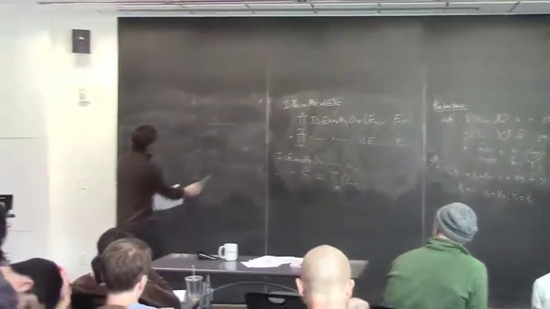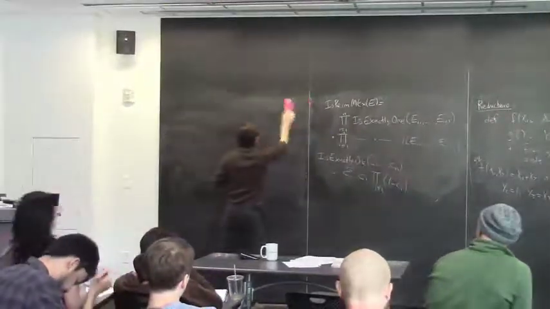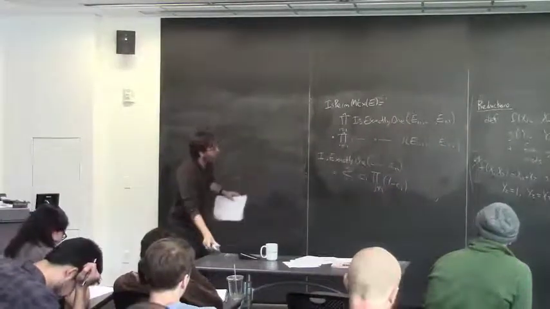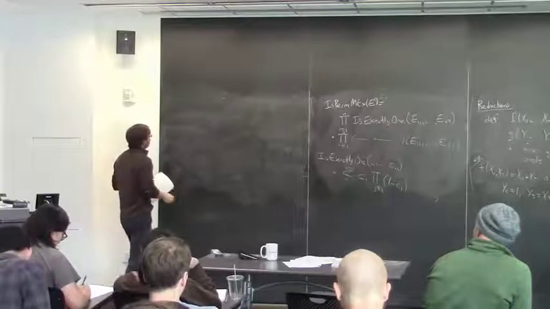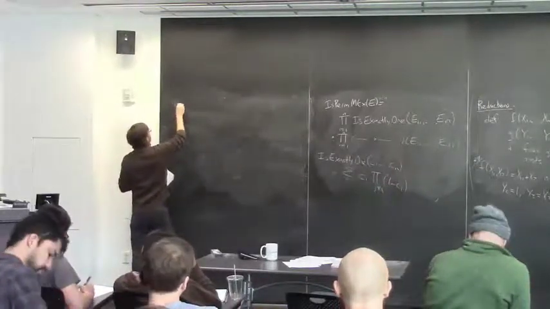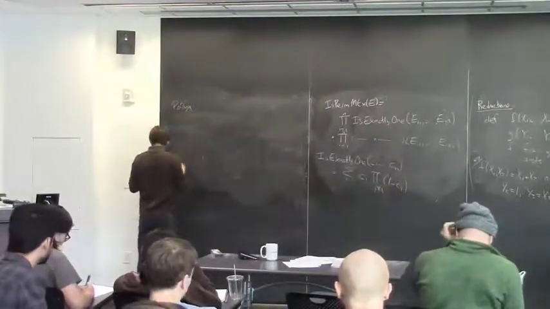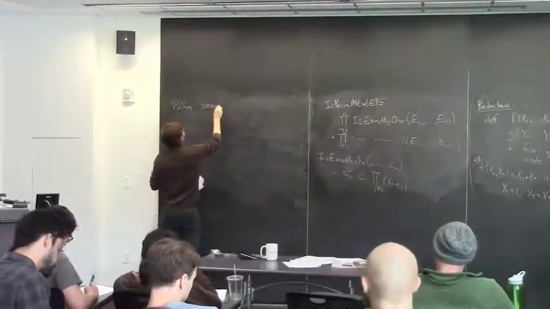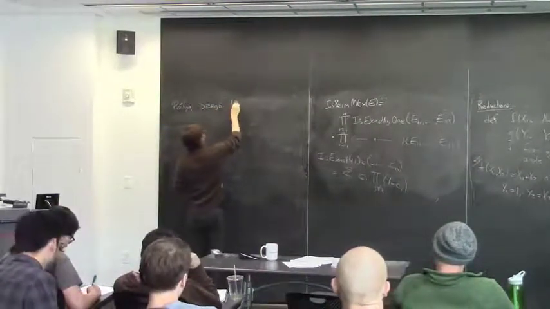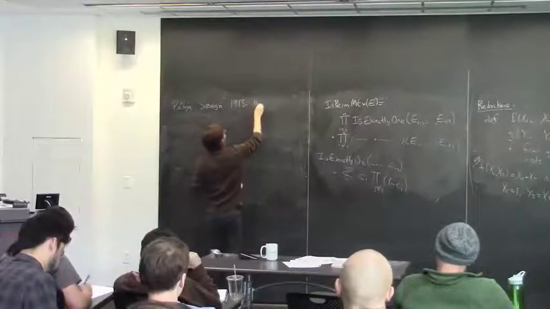which is really quite cool. And indeed, this problem was thought about long before Turing or anybody, like 100 years ago. So Pólya, is that the right accent for Pólya? And Szegő. Separately in 1913, they thought about this problem.